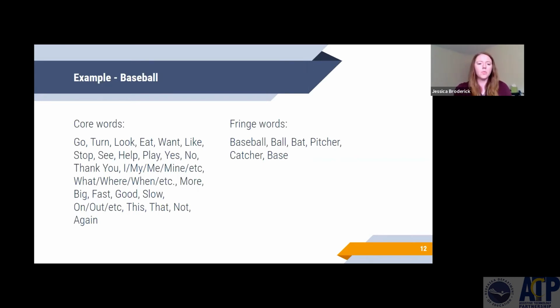And so you could have a pretty involved conversation with an AAC user only using core words. If that's the level they're at, you could talk about go fast, go slow, this good, not good, play more, all kinds of those things without ever using fringe words. But you can see how the fringe words would be important depending on what we're doing.